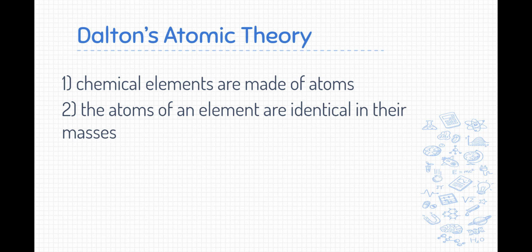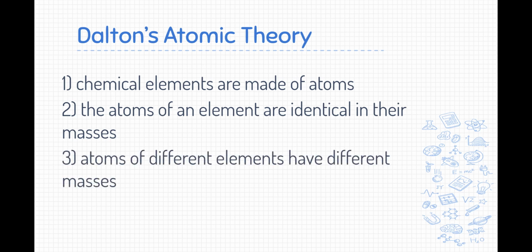This comes as a result of his work carrying out chemical reactions and measuring the reactants and products there. Through a lot of observations, Dalton came up with this theory. So he used the process of inductive reasoning, using a lot of observations to come up with a theory.